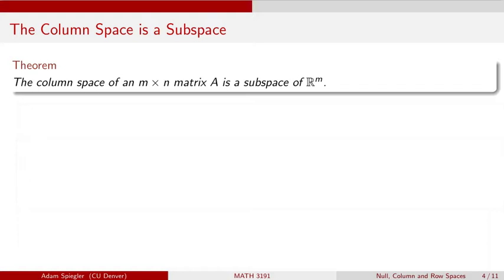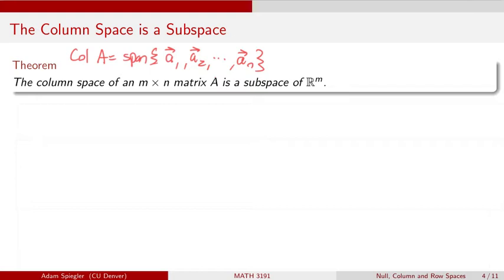And so one really quick proof of this would be to use the results that we've already proven, namely this column space of matrix A, we can write as the span of the column vectors of matrix A, and we've proven that the set spanned by a set of vectors is by definition going to be a subspace of the larger space where those vectors live. But let's prove this using the definition of subspace so that we can get some practice with those properties.